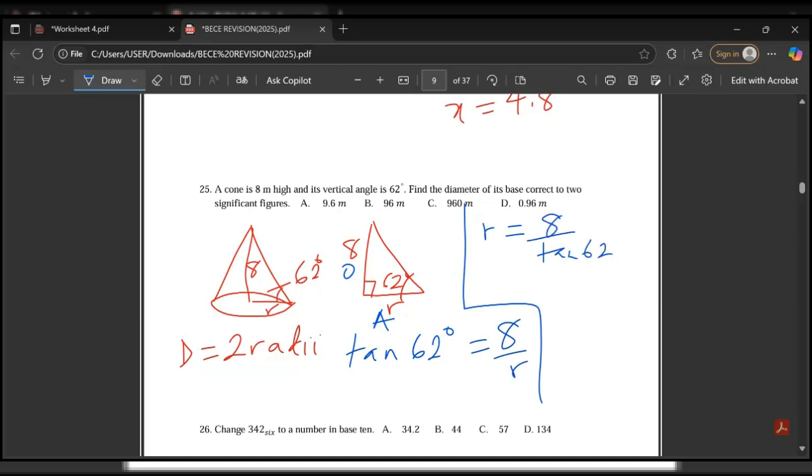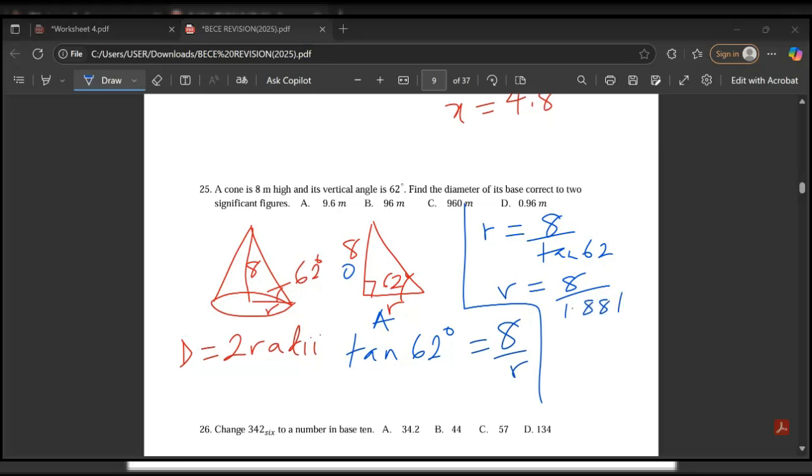That is equal to 8 divided by, let's find the tan 62. So that gives us 1.8807. Sorry for that. So we divide now, 8 divided by 1.8807.